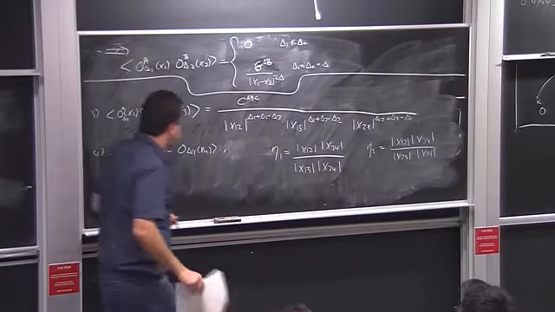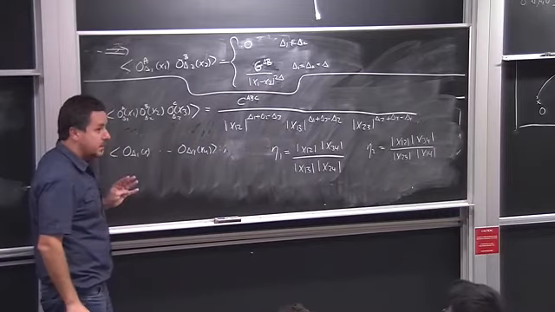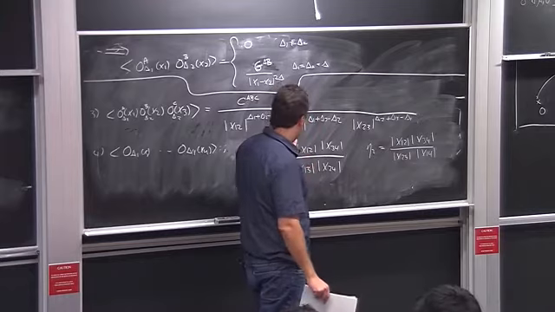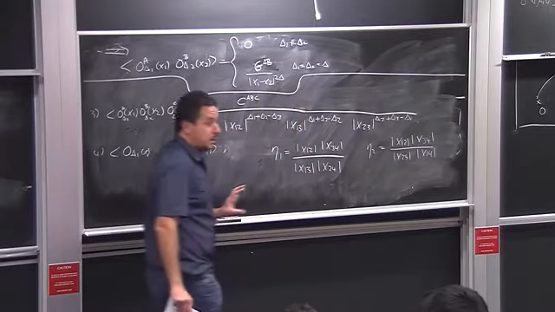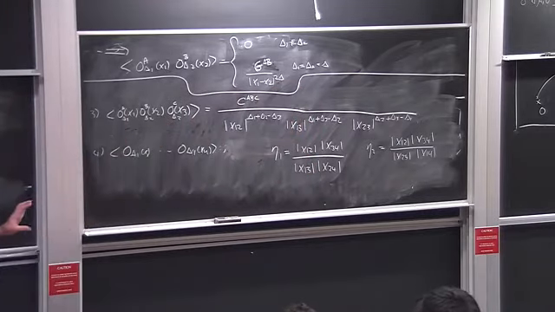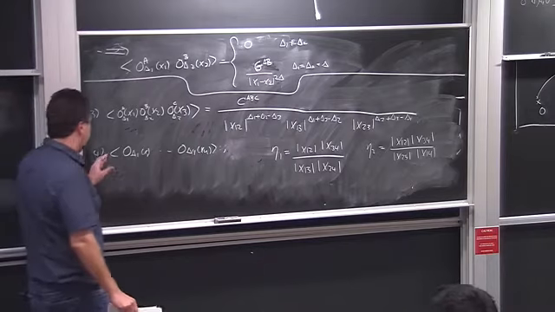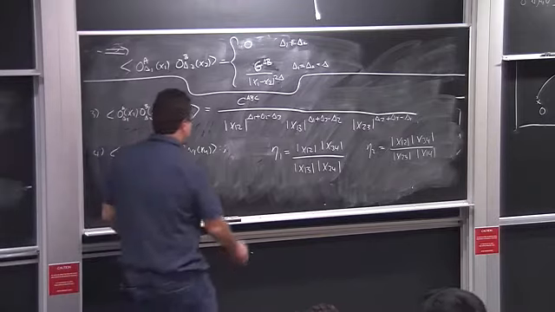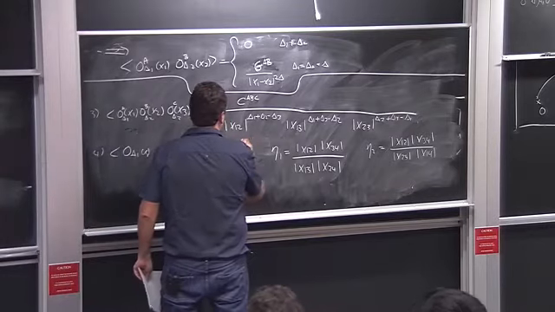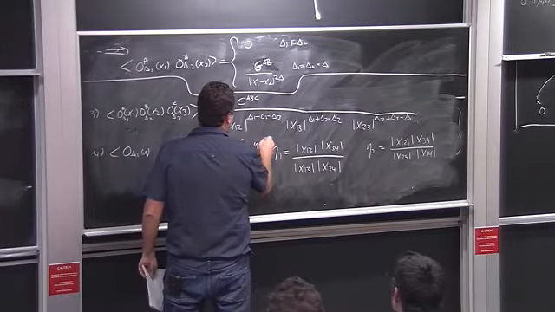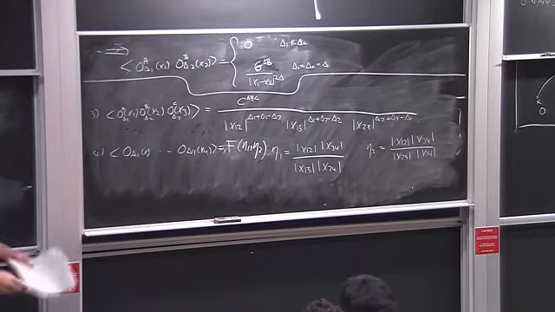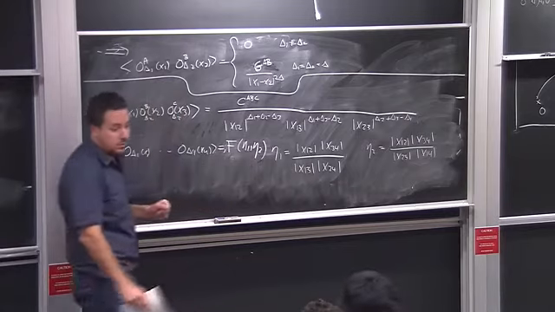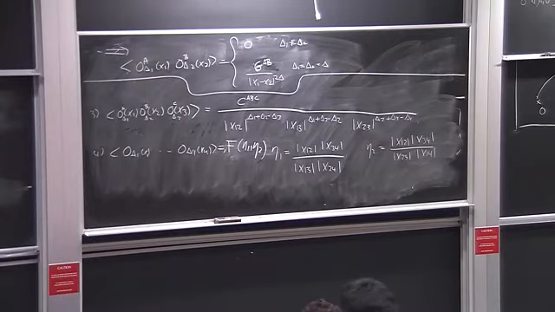First statement. Now that I have four points, I can construct these particular ratios of distances. And the first thing you can prove is that these are conformal invariant. What does this mean? If I look at the constraints of conformal invariance imposed on the four-point function, it will not constrain in any way the dependence on these cross ratios. An arbitrary function of these cross ratios will satisfy all the conformal Ward identities.